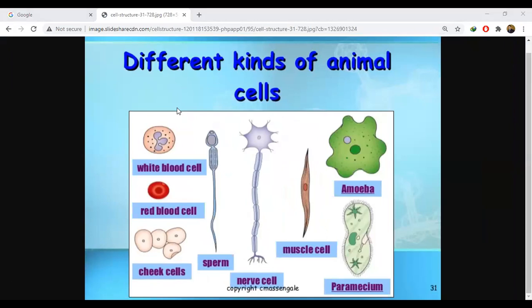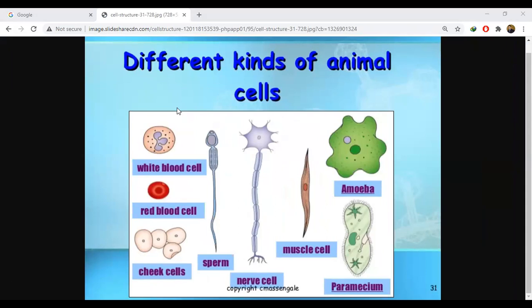White blood cells are in one shape. Red blood cells are in one shape. Cheek cells are in one shape. Nerve cells are in one shape. Muscle cell is in one shape.